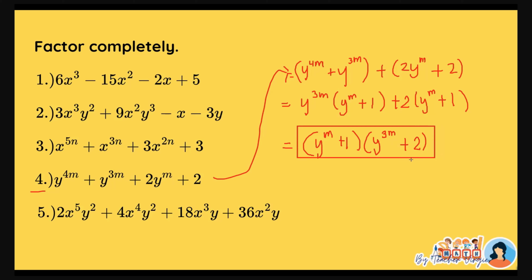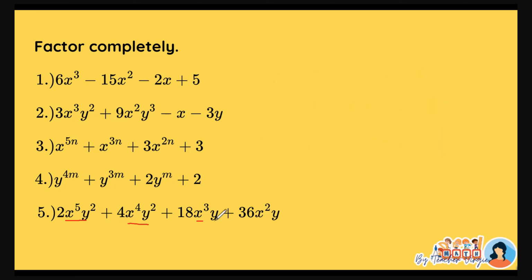For number 5. Okay, number 5. If you notice that they have the same xy, xy, xy, xy, and all of these are even numbers. So before we do the factoring by grouping, we can find the greatest common factor of each term.